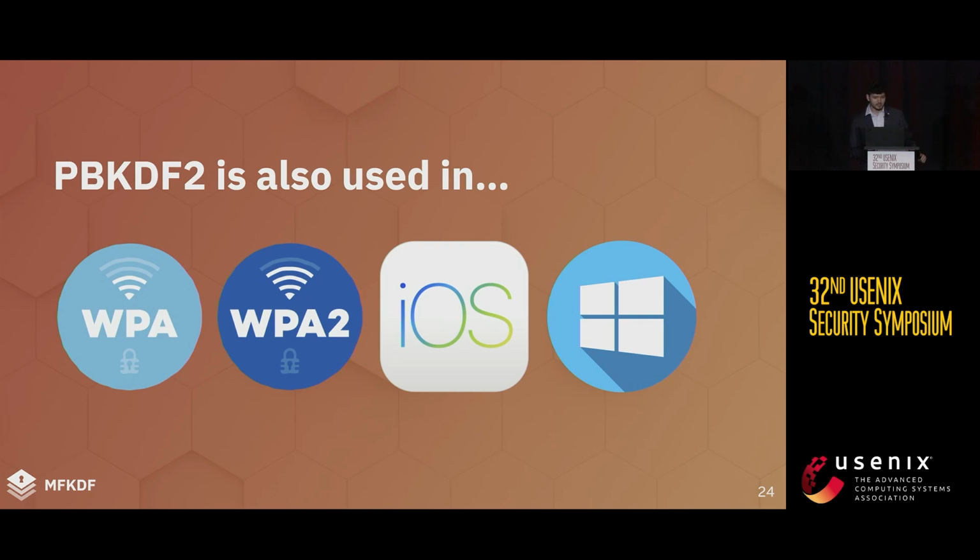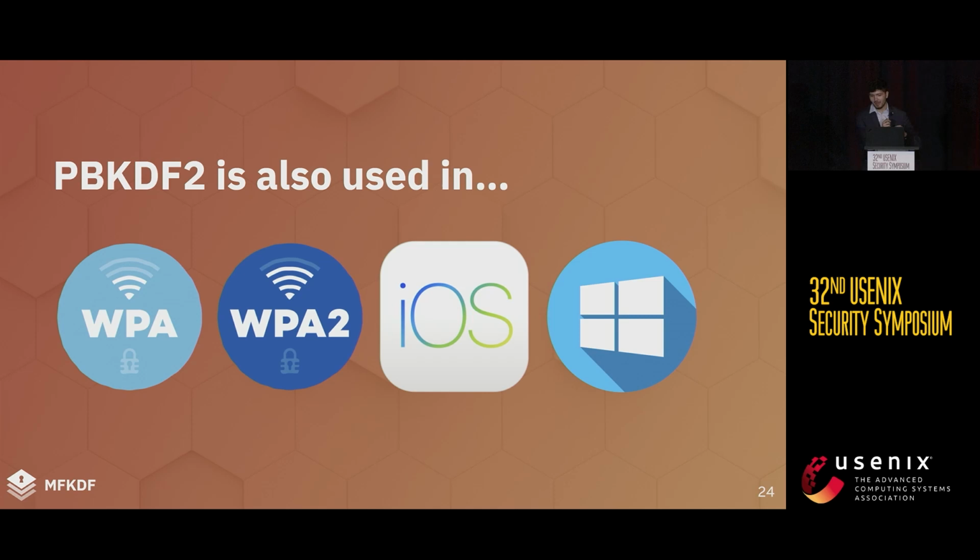And speaking of existing applications, PBKDF2 is pretty widely used. So if you connected to the Wi-Fi network here, you probably used it in the wireless authentication protocol. If you have an iOS or Windows device, you're using PBKDF2 for disk encryption. And as I mentioned, MFKDF sort of is a drop-in solution for these things.